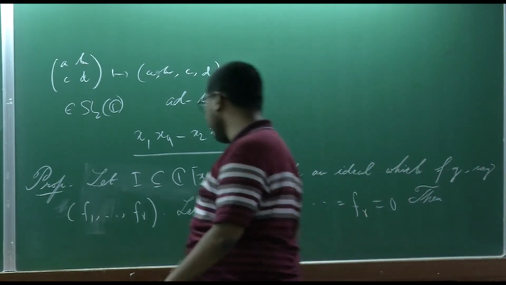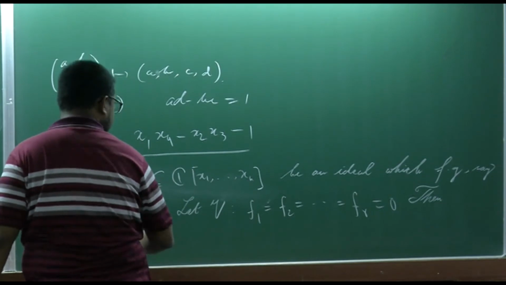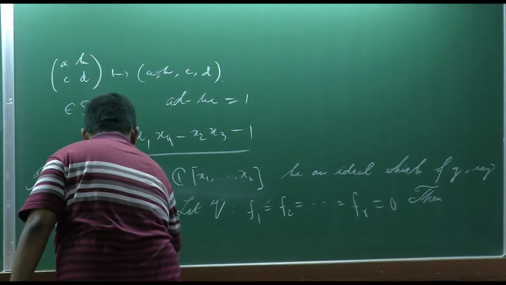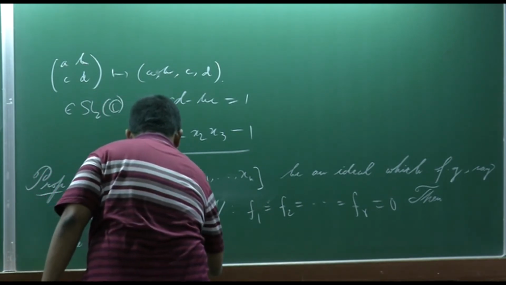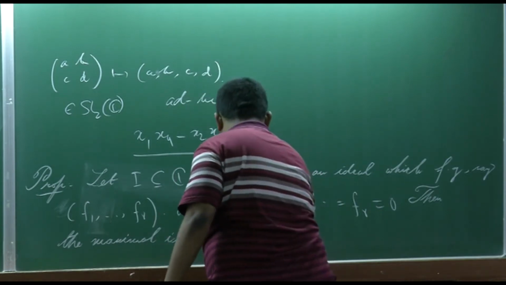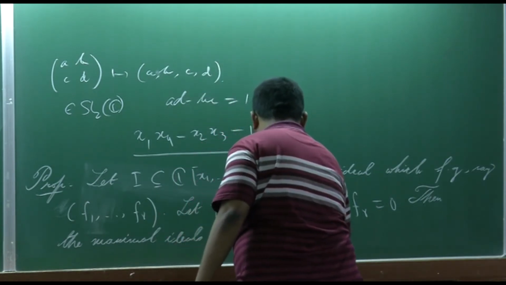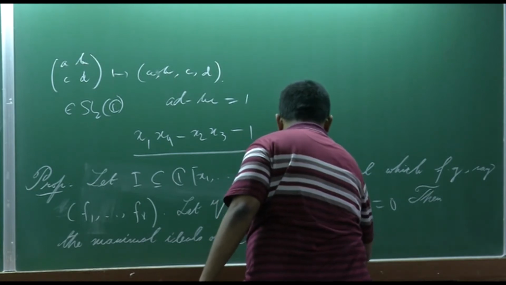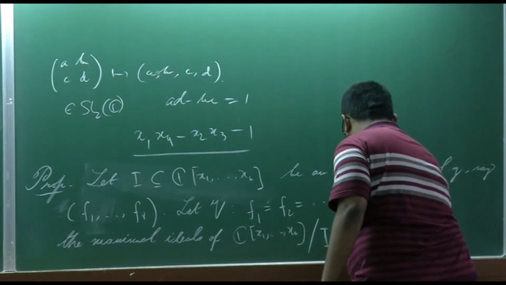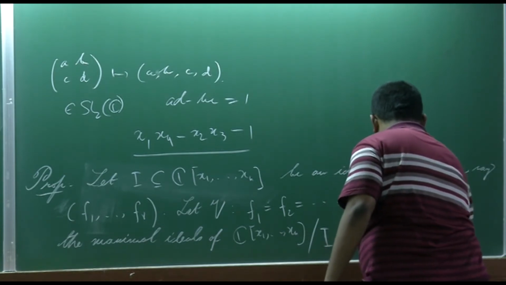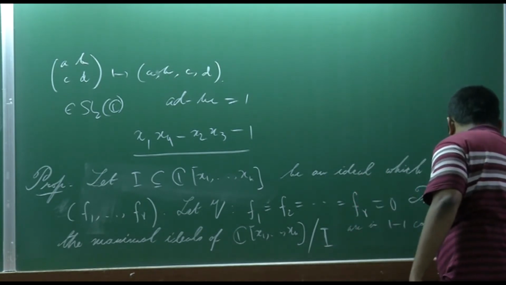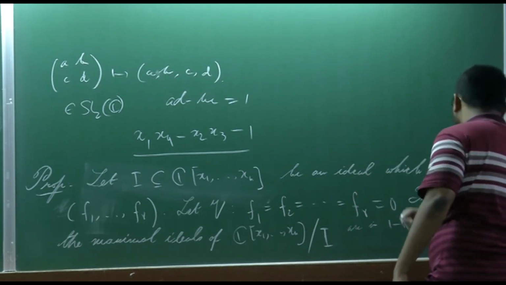In one hand, the maximal ideals of this quotient ring are in one-to-one correspondence with the points in V. Okay.